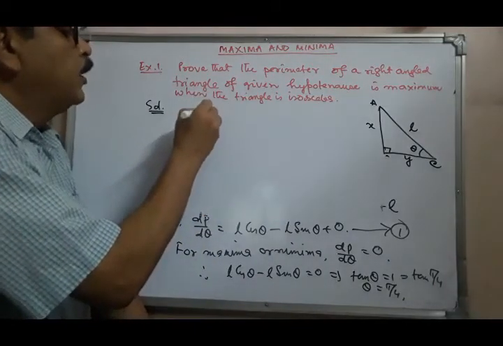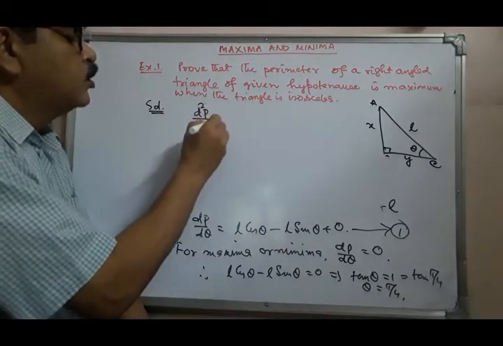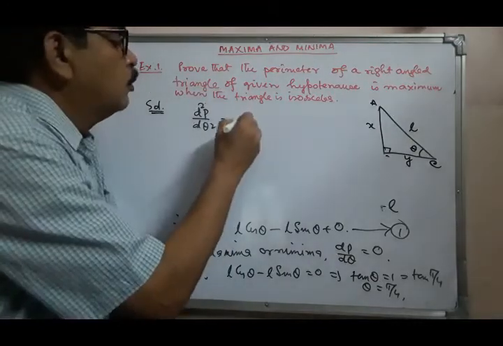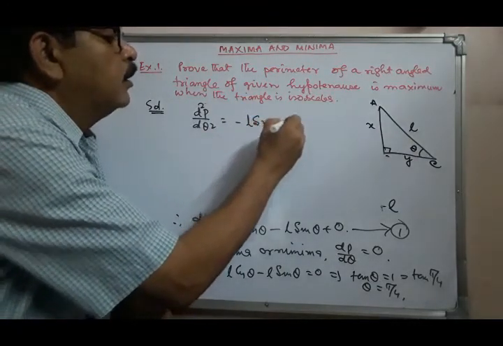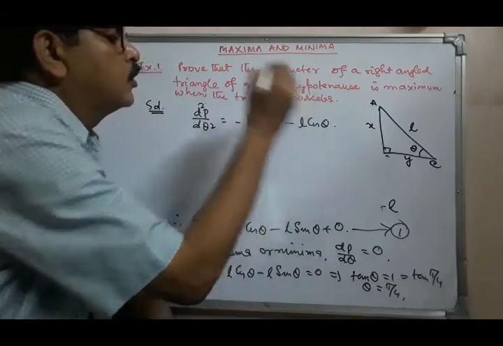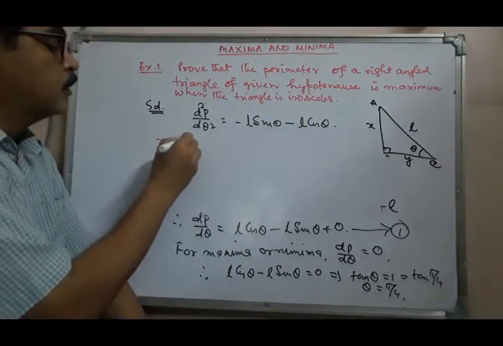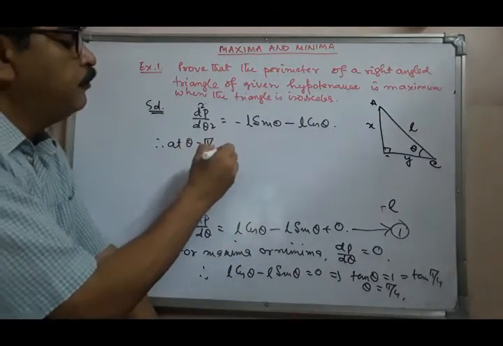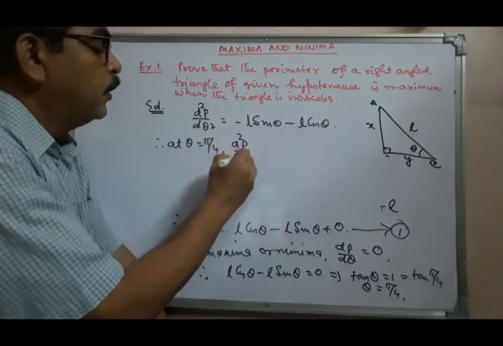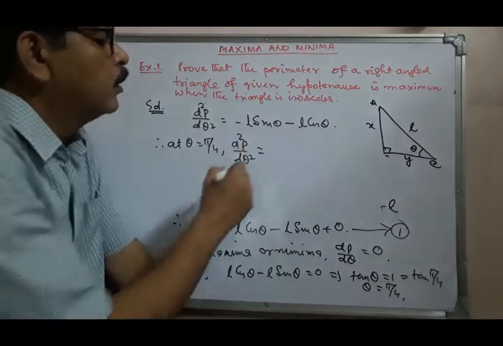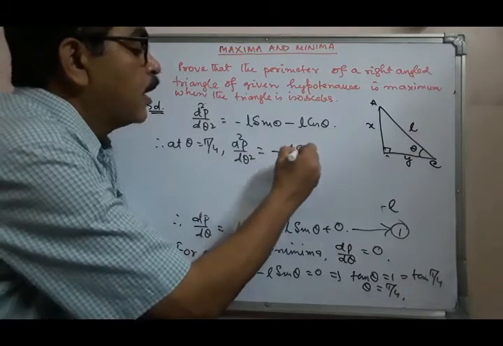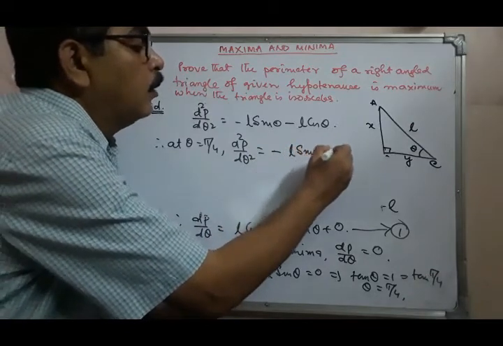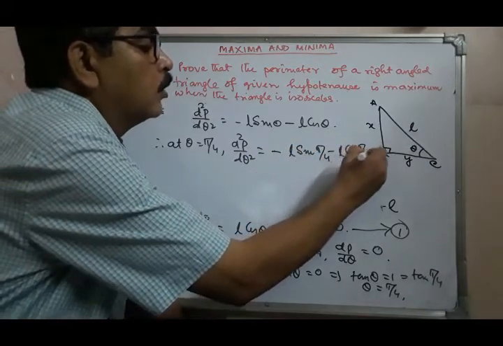Differentiating again, we get d square P by d theta square equals minus L sin theta minus L cos theta. Therefore, at theta equals pi by 4, d square P by d theta square equals minus L sin pi by 4 minus L cos pi by 4.